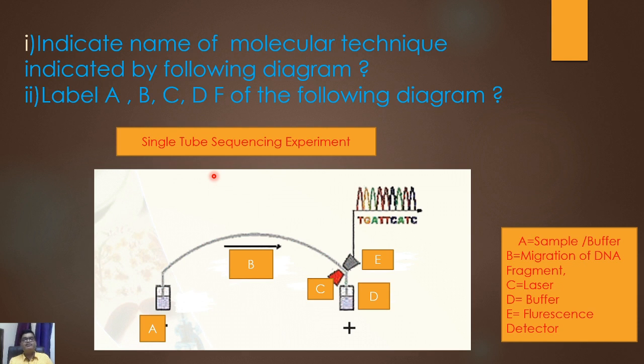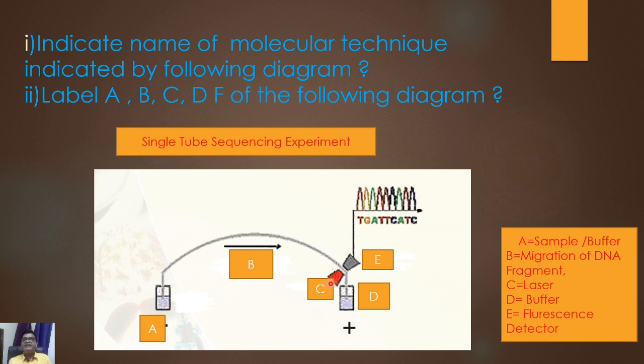Instead of using four different tubes for four different columns, we tag each nucleotide, G, C, T, and A, with four different fluorescent dyes and put them all in a single tube, and we proceed for the sequencing. So A is the sample buffer that contains all four different types of nucleotides, and B is the migration of DNA fragments, which move from cathode to anode.